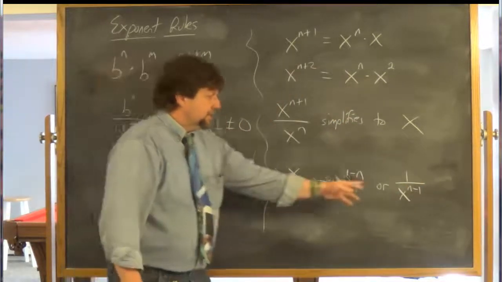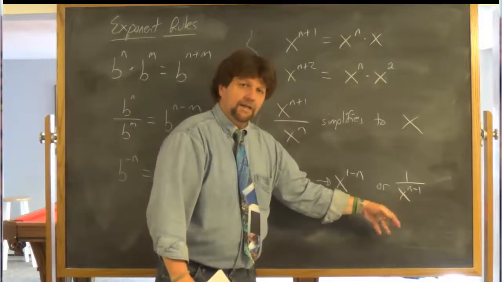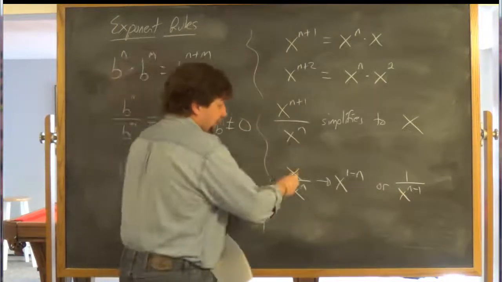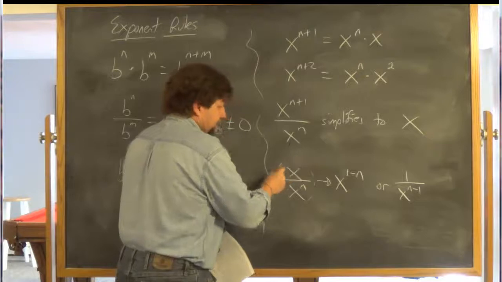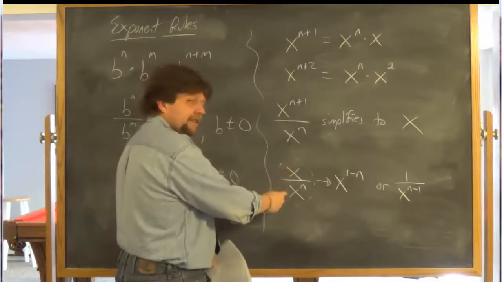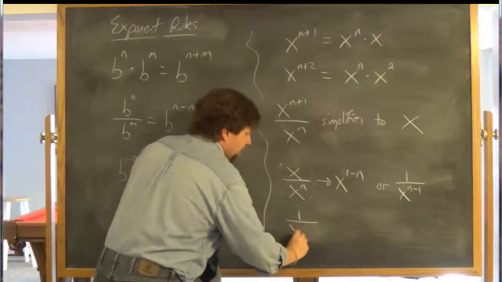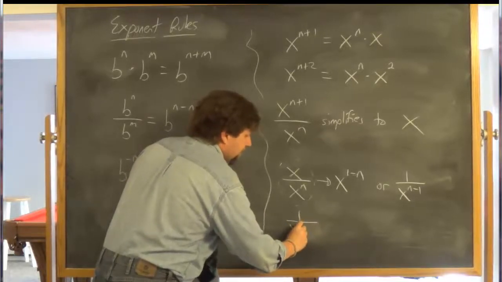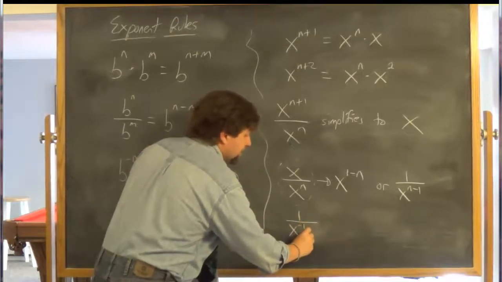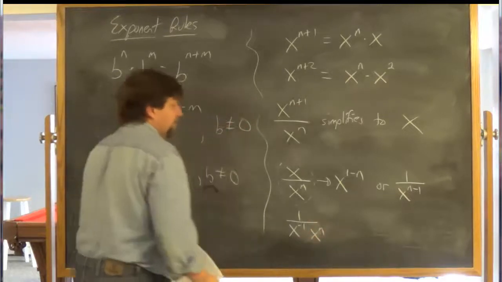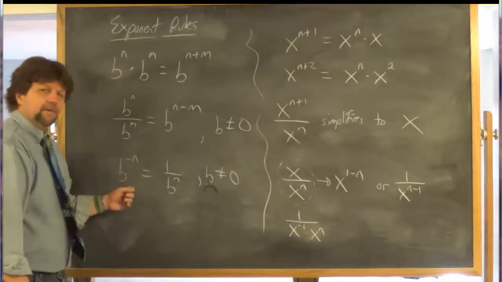And now you can get this 1 over x to the n minus 1 by, just look at this. You can move this x to the denominator. That would leave 1 in the numerator. And if you move it to the denominator, it would become x to the negative first. That's using this rule of exponents.